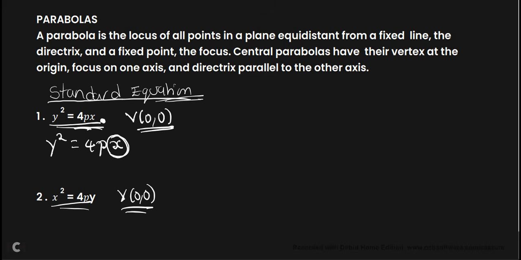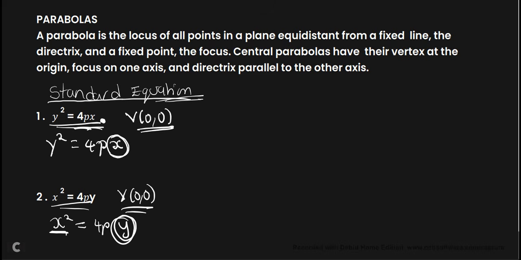If you look at the second one, it tells you that the parabola is along the y-axis. Why? On this side we have y, which is not squared. The only thing that is squared in this situation is x. So x is squared and y is not squared, meaning that y is the one that will determine the directrix. These are the things that we'll be looking at.